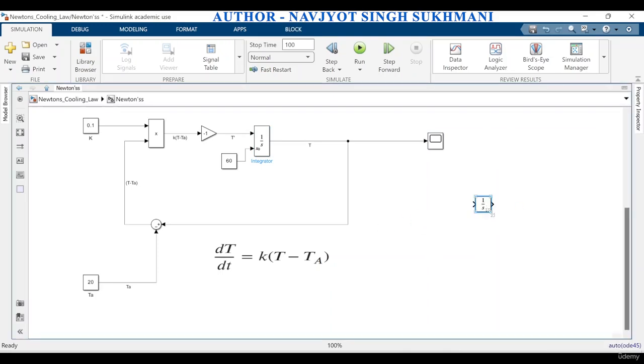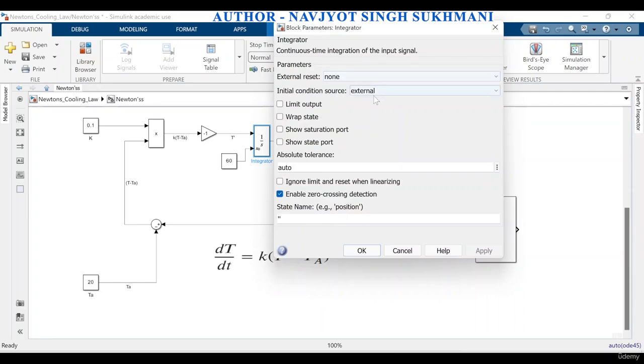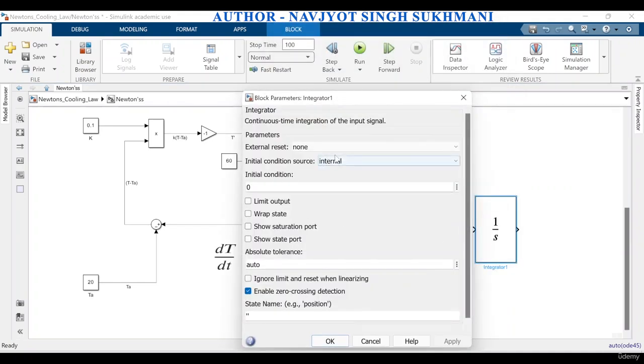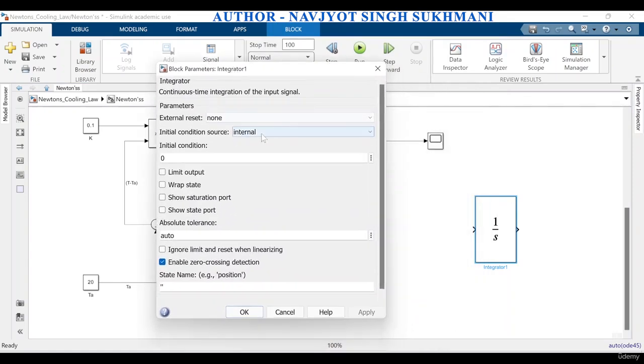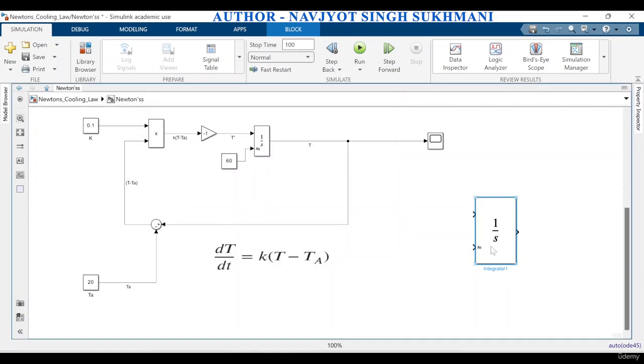Here you can see x0, the initial condition, which I have taken from external. If I double-click the integrator, initially the initial condition source is internal. If I make it external, you can see that the x0 port is created. In that way, you can configure the integrator properties according to our specifications.